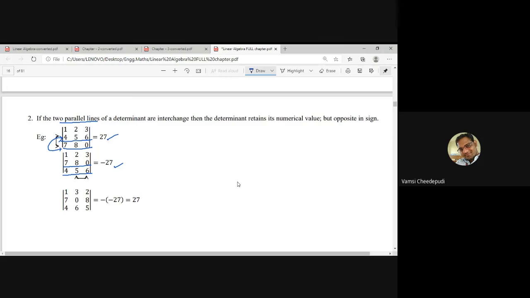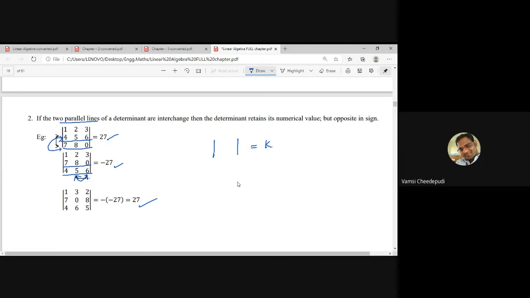If you have any doubt, you can check practically also. No doubt. And after getting minus 27, if you again interchange two columns, that means this 306 becomes here and 285 here, then it should be minus of minus 27, it should be plus 27. Sir, what are you trying to convey? There is a matrix whose determinant is some k.